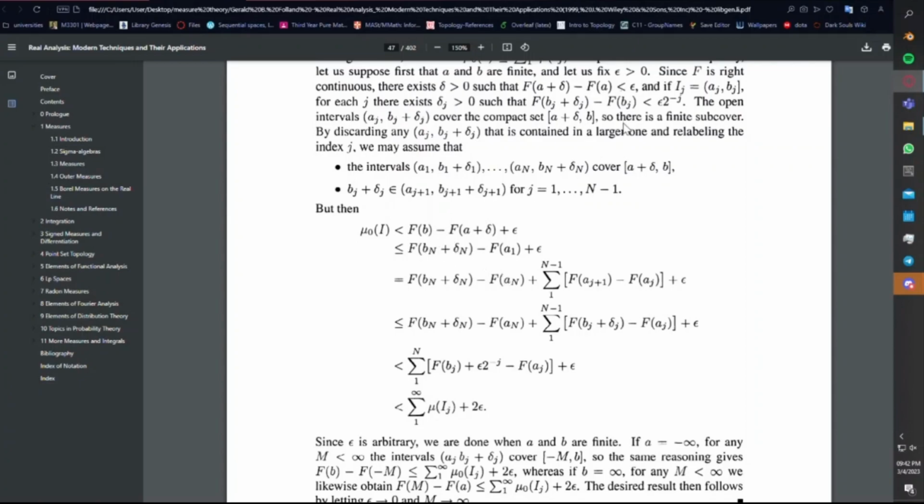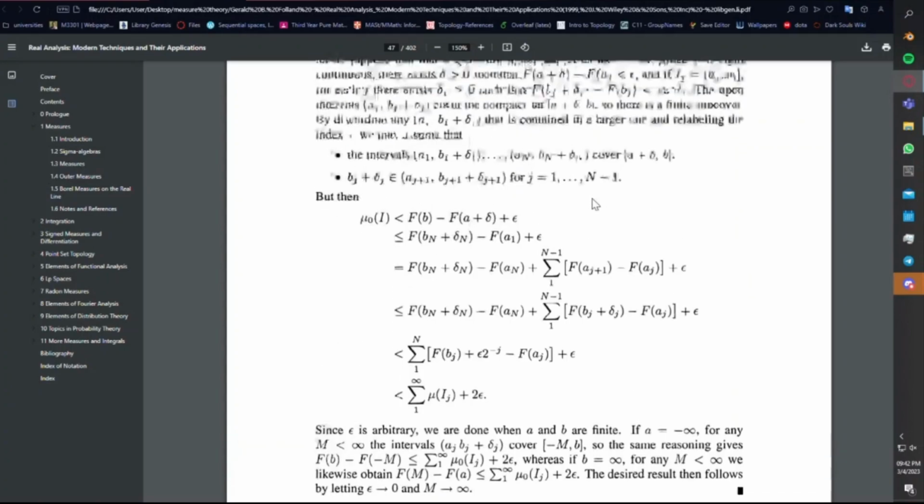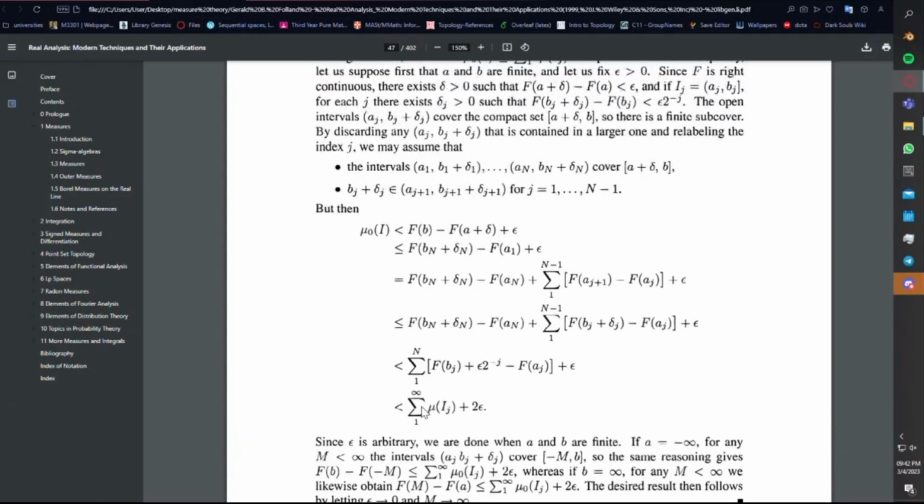So you start from f of b minus f of a plus delta, and then every time you cover this by a finite cover, covering it from bn plus delta, it's going to be on this side, and a1 is going to be a little bit behind. This value is going to be less than this value, and it becomes just a technical proof. As you can see here, once you take the infinite summation, epsilon times 2 to the minus j is just going to be an epsilon at the end.